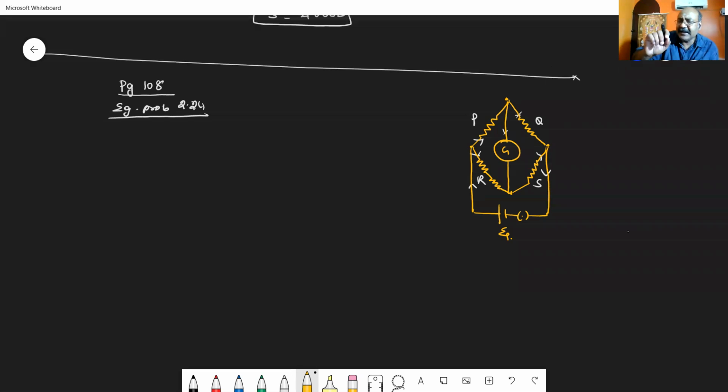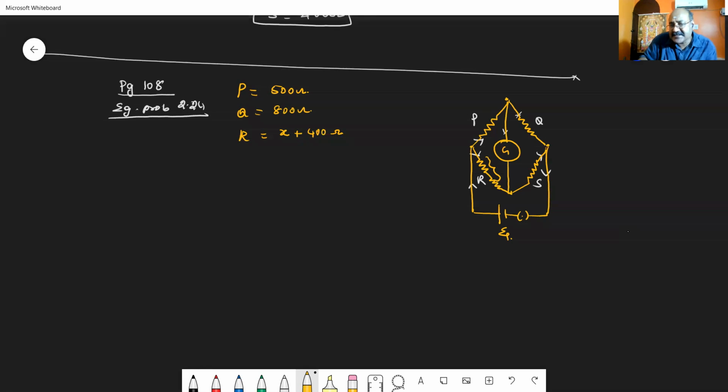The circuit diagram is given as it is in the book. Here the value of P is equal to 500 ohm. Then value of Q is considered to be 800 ohm. What is the value of R? See, in the arm of R you are having 2 resistors in series. One of the resistances is X and another resistance is 400.